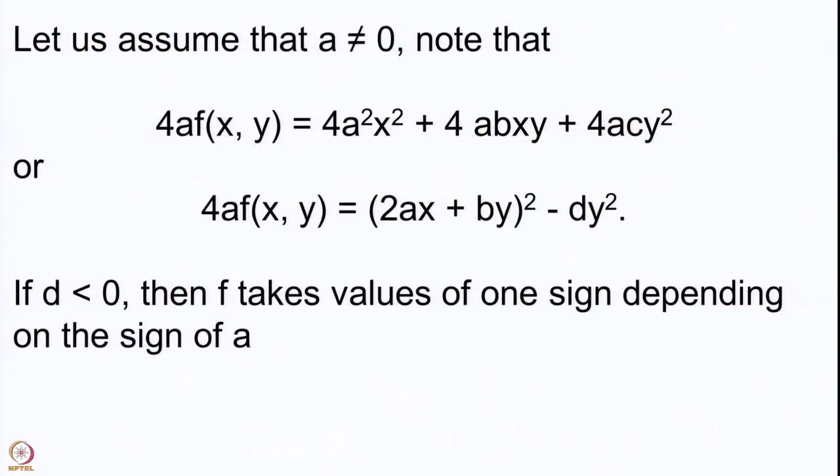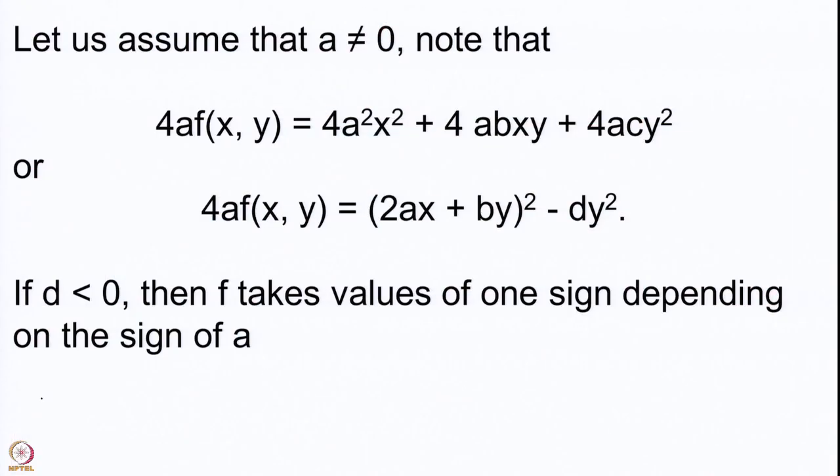Alright. So, if your d happens to take negative value, if the discriminant of the form is a negative number, then on the right hand side you had a square minus d times a square. So, you get d a square plus a square into a positive number.